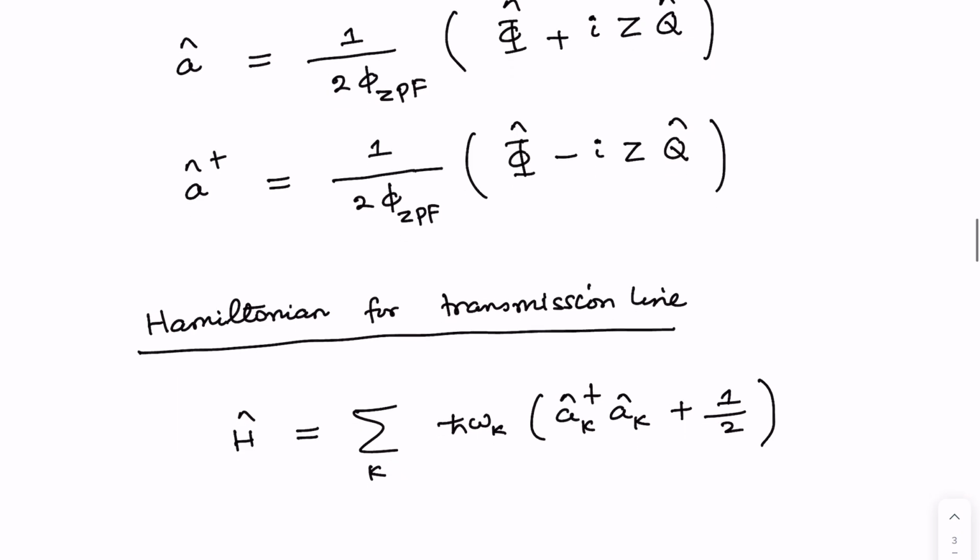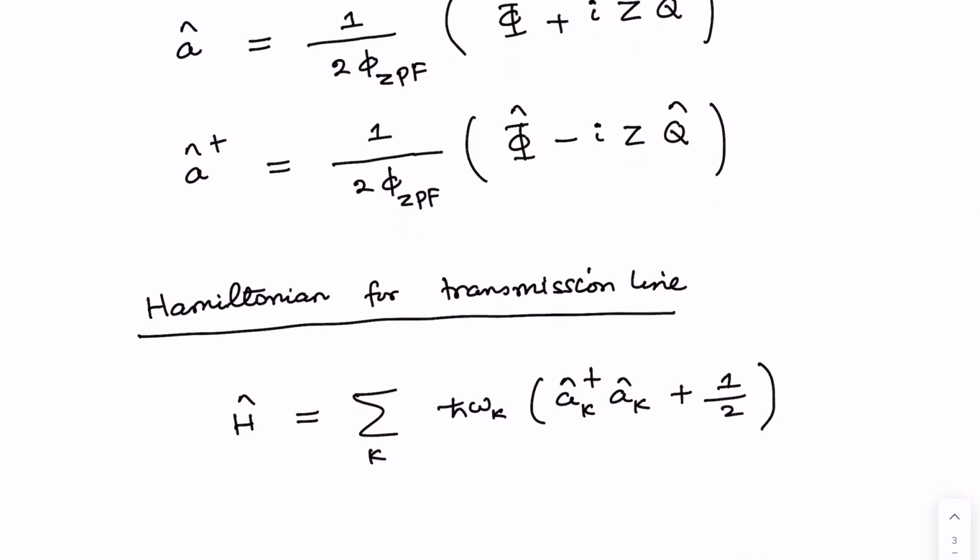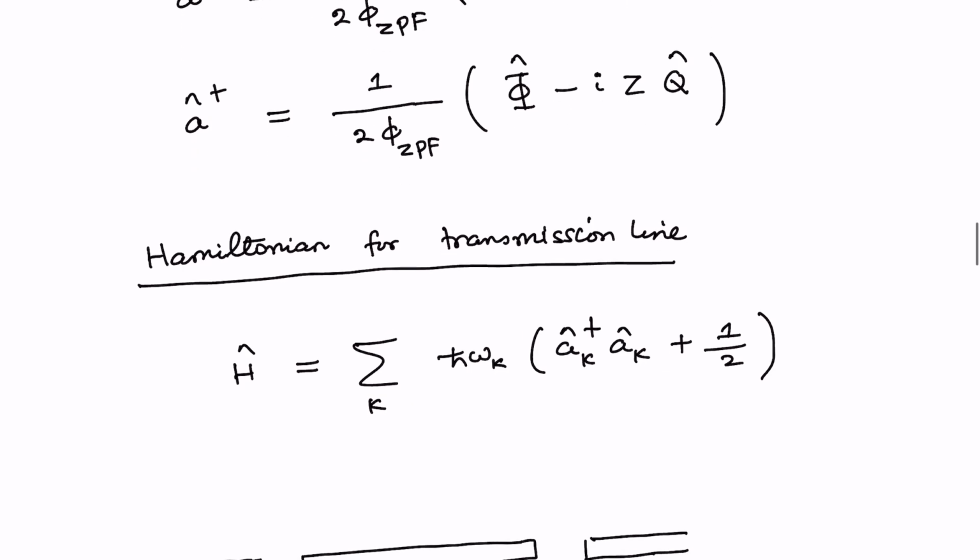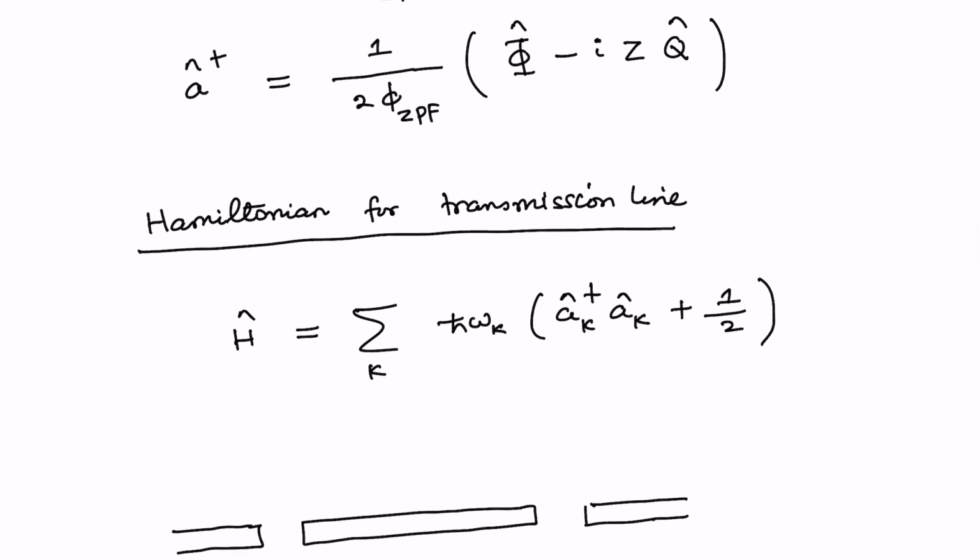We went on to discuss the Hamiltonian for a transmission line, because the LC oscillator is the basic unit of a transmission line. It is obvious that the Hamiltonian for the transmission line is nothing but a collection of harmonic oscillators. Each mode in the transmission line behaves like a harmonic oscillator.